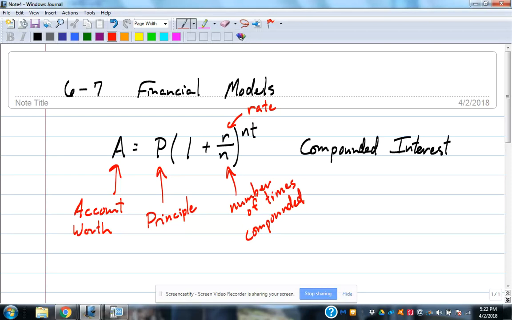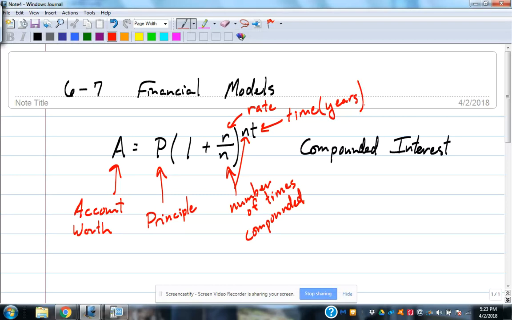Okay. Now, the N is the number of times it's going to compound. So if you're compounding interest monthly, N is going to be 12 because it's number of times a year. Finance models are based on years. Okay. The T is the number of years. That N is the same N there. This is time, and it's always in years.